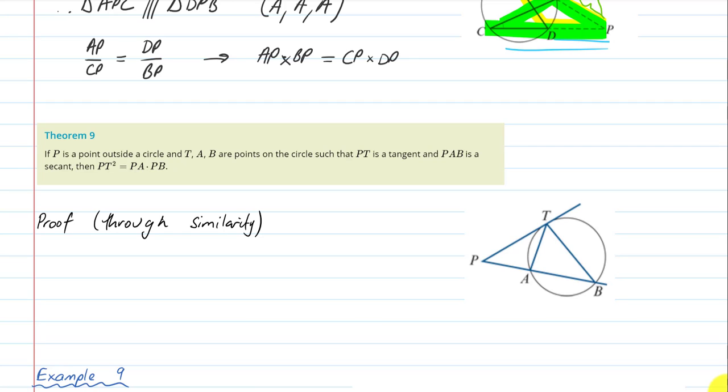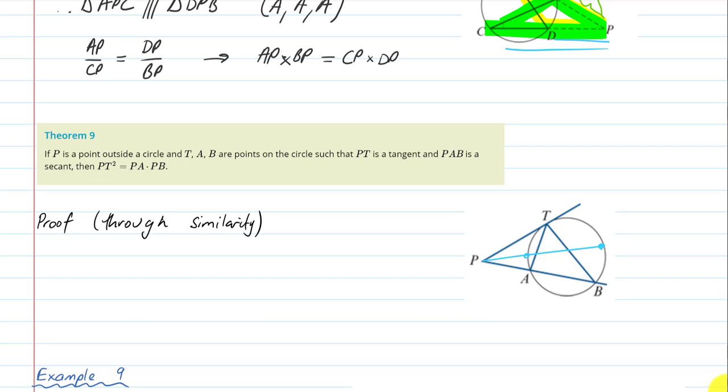This comes in a very similar fashion with similarity, and it's a likely extension given that PA times PB is a full part of our last question. Another way we could do this is we could draw another line here and have 2 chords, PA, PB, PC, PD, and we could link up that way. It's a little bit trickier though because PT is still standalone.